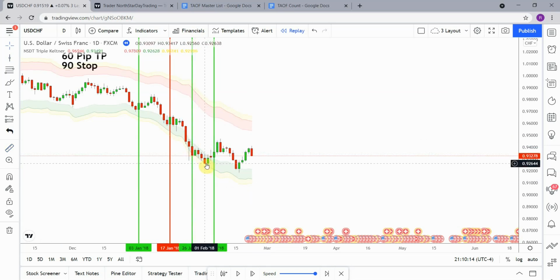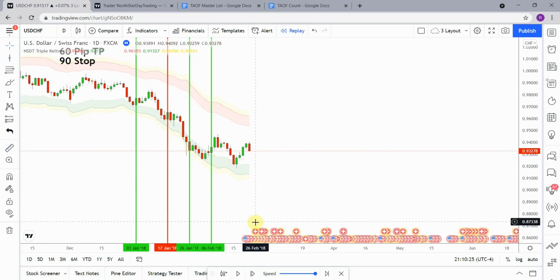So right here, when we were closing out of the short to the extreme, we got a signal to the long side right here as price action broke back to the center after being down here into the green. And that one's going to get us to take profit, it looks like.